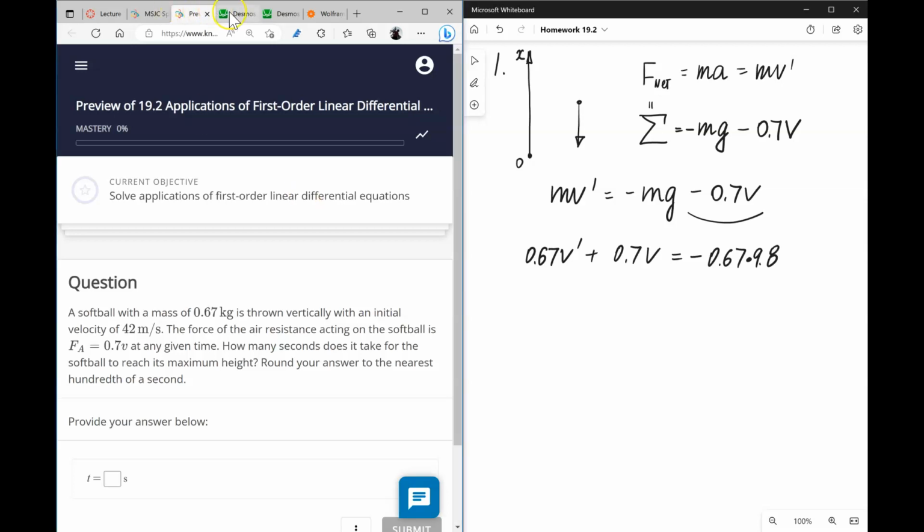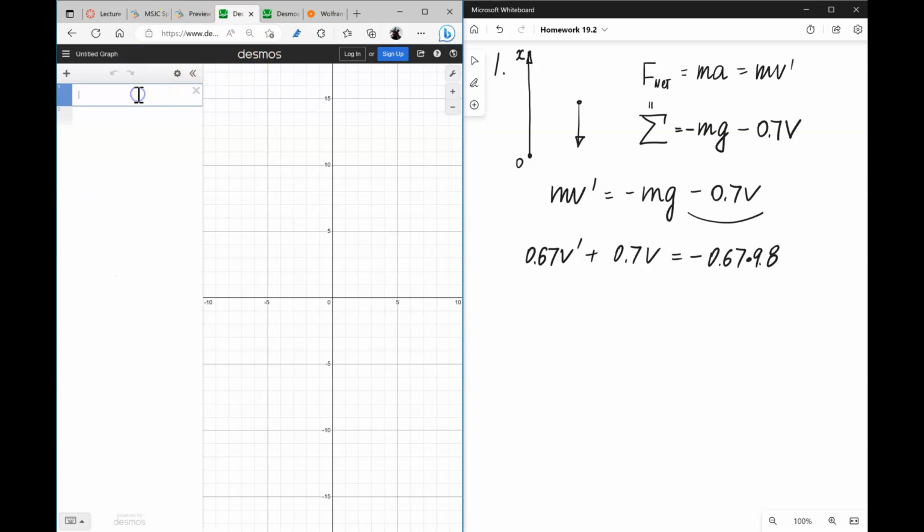And we can compute that. Negative 0.67 times 9.8 is negative 6.5. Actually, it's too early for that.